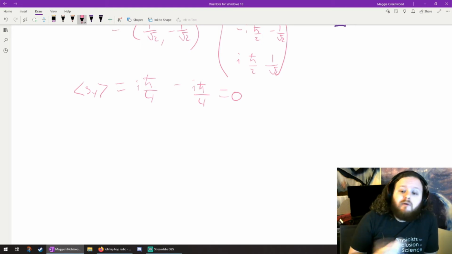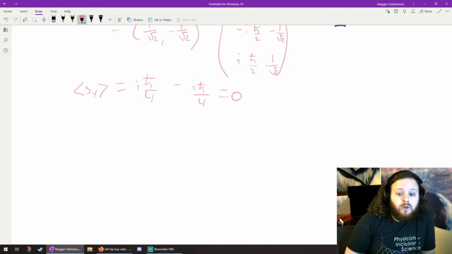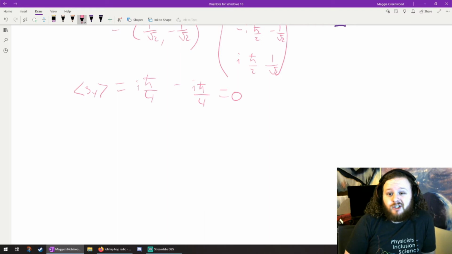So if the coefficients look like 1 over root 2, the probability is something like the coefficient squared, which is a 1/2, and you're always going to find an expectation value of 0 from those calculations.